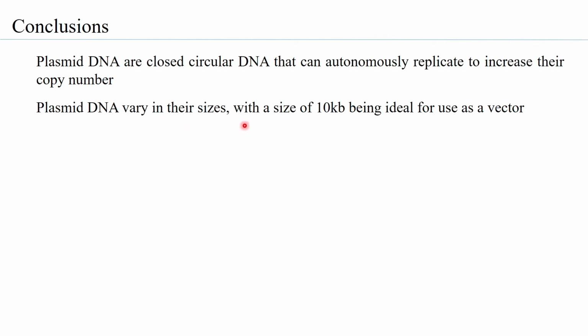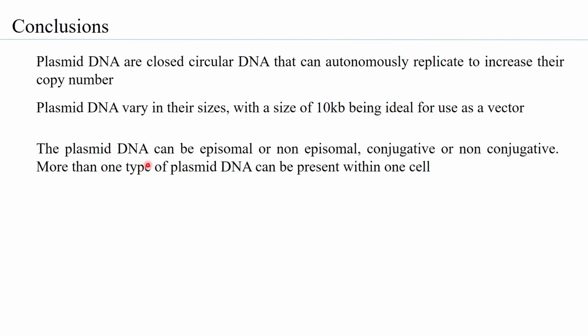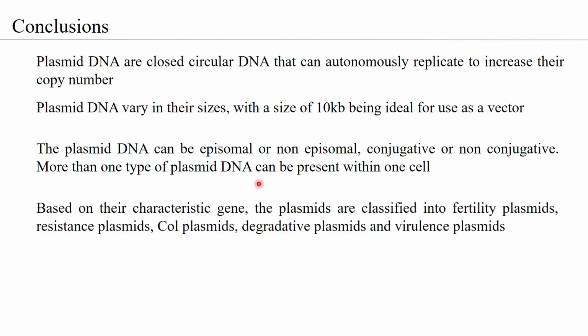Plasmid DNA vary in their sizes, with a size of 10 kb being ideal for use as a vector. The plasmid DNA can be episomal or non-episomal, conjugative or non-conjugative. More than one type of plasmid DNA can be present within one cell, and that is only when the plasmid DNA are compatible with each other.